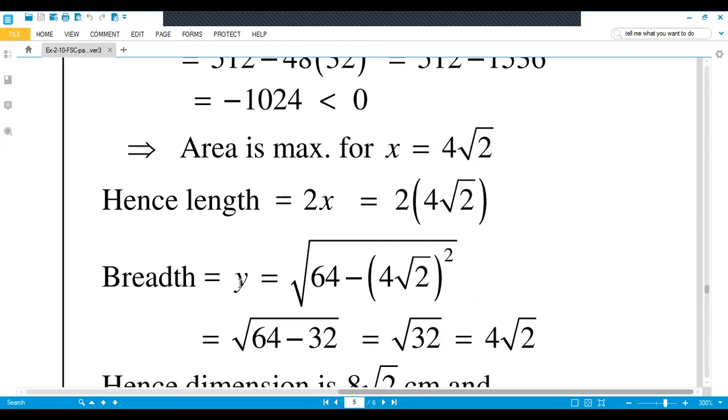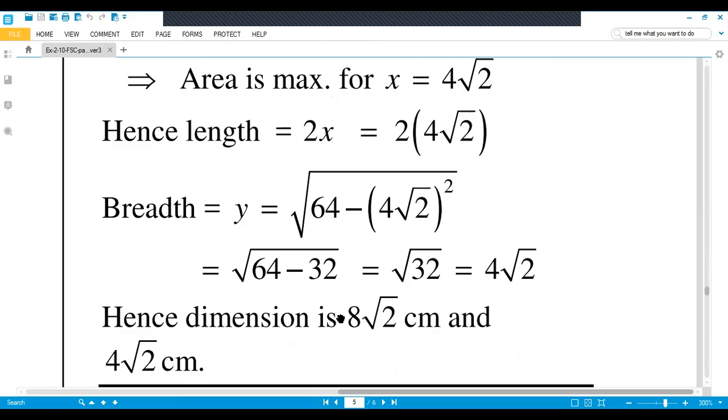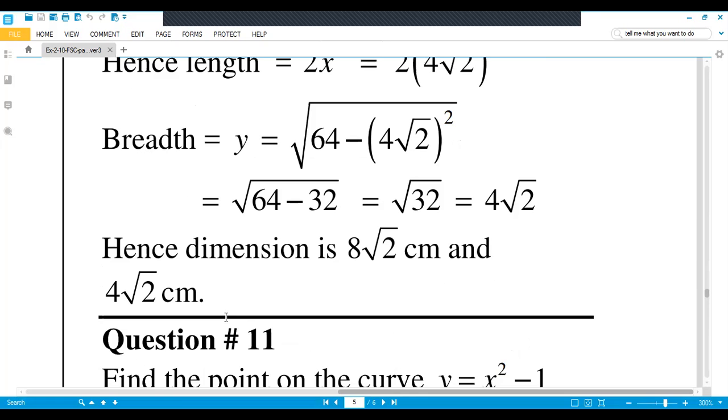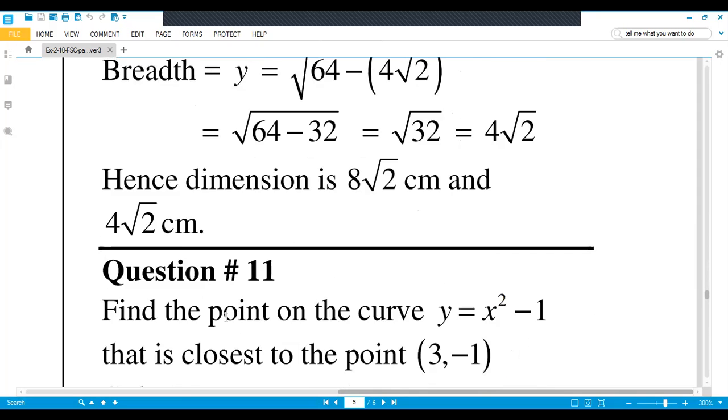To find the value of y, the breadth, y is under root of 64 minus x square, because it is y square equals 64 minus x square. Taking the square root on both sides, y is equal to the square root of 64 minus 4 under root 2 squared, so 64 minus 32, which gives 4 under root 2. Hence the dimensions are: 8 under root 2 centimeter is the length and 4 under root 2 centimeter is the breadth.